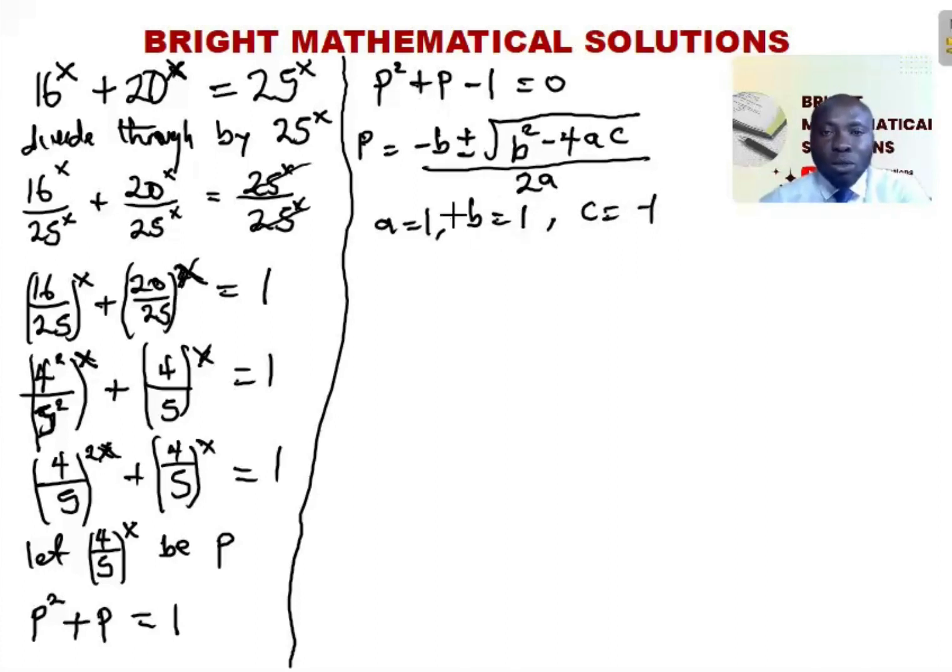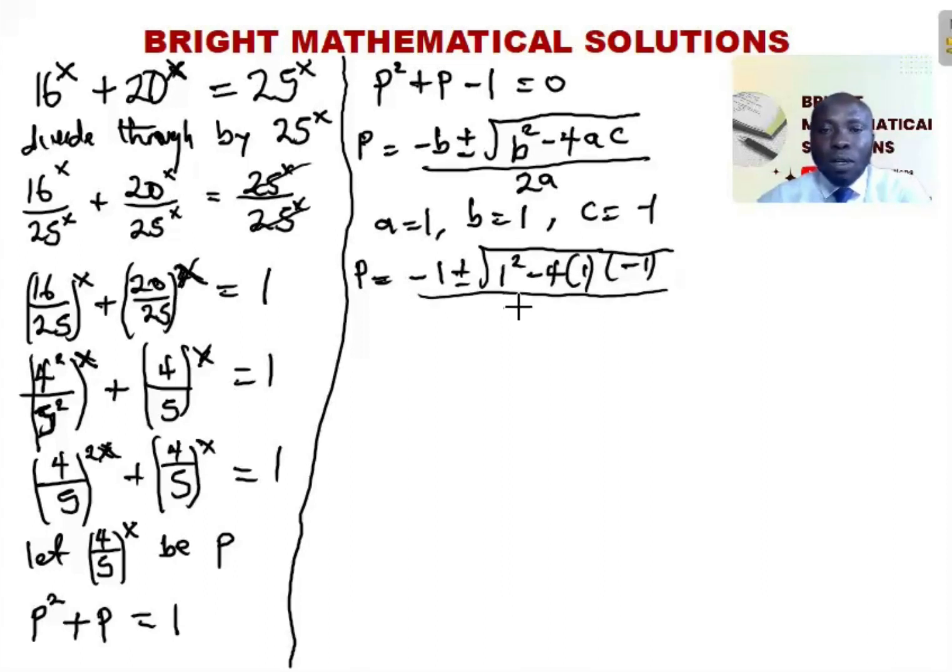So let us substitute these values into this formula and let us solve for the value of p. So p equals minus 1 plus or minus root of 1 raised to the power of 2 minus 4 into 1 into minus 1, all over 2 into bracket of 1.